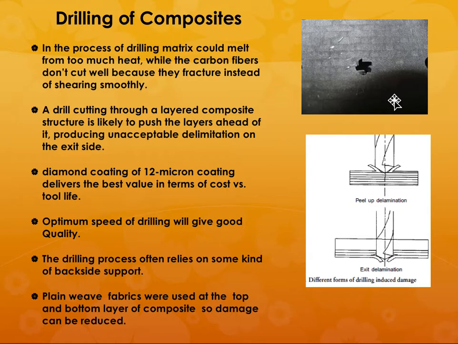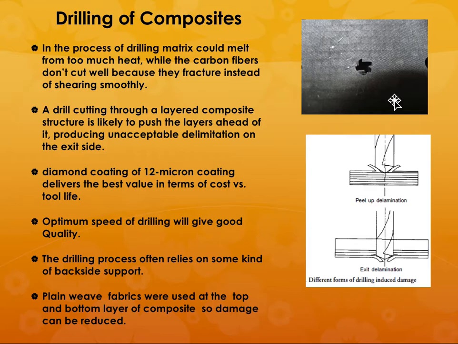The other thing is that the fibers will dissipate heat in a certain manner, and the matrix will dissipate heat in a different manner. So if you are drilling a hole through your composite material, the matrix will melt while the fiber is going to chip off or break off rather than getting drilled through.